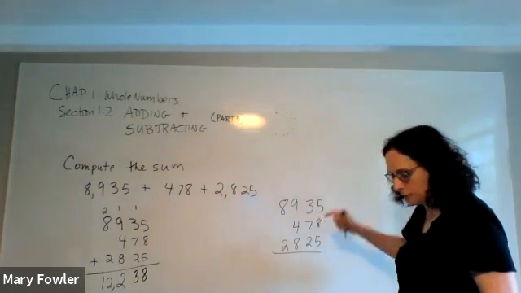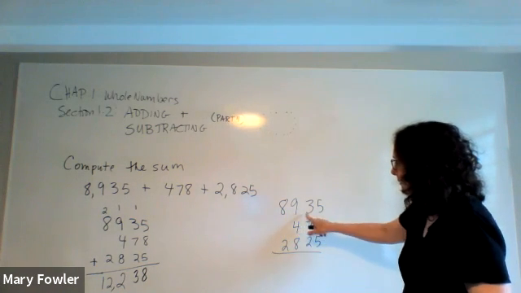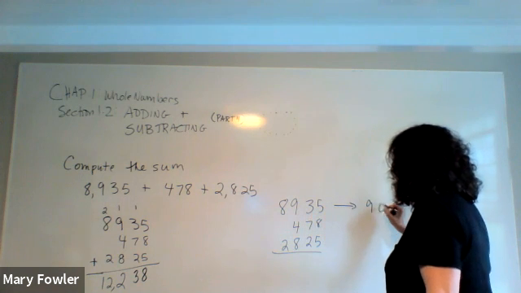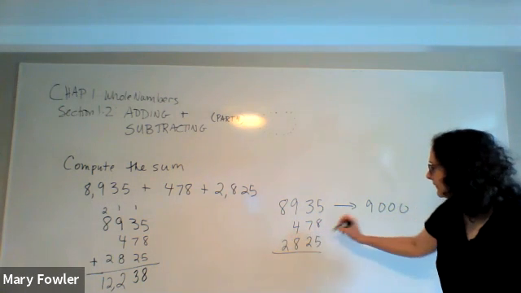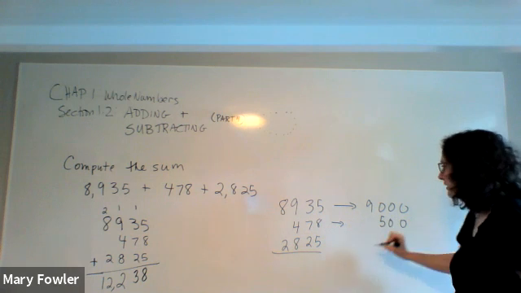So this number here, 8,935, is close to 9,000. 478 is pretty close to 500.